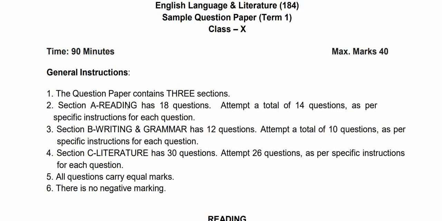Now let me read the second part, that is the section on reading. Reading has 18 questions, but out of that you need to attempt a total of 14 questions only, as per the specific instructions for each question. You'll be given 2 reading comprehensions and you need to attempt a total of 14 questions.